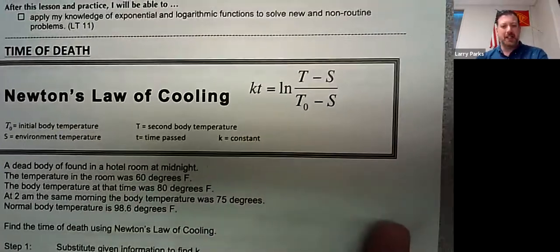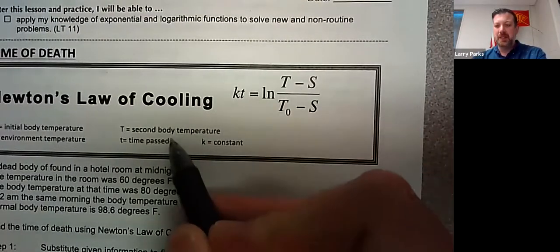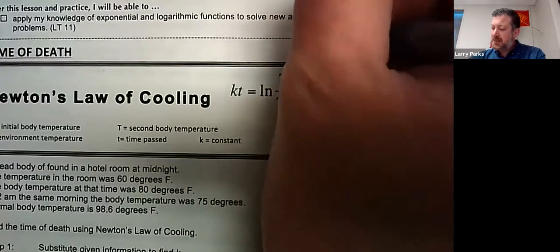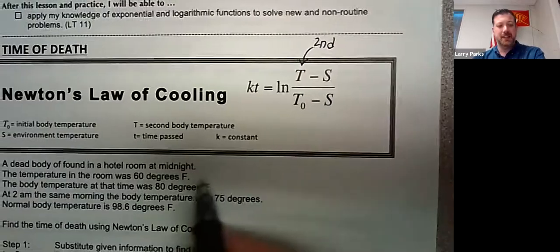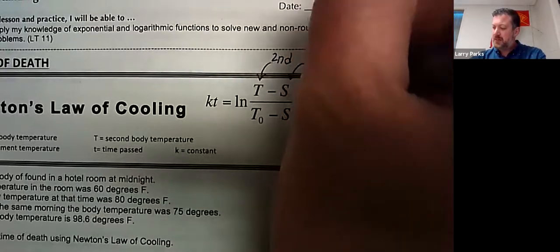What helps me a lot is to label what everything is. This is your second temperature. S, that's your environmental temperature, like the room temperature. We'll just call it room temp.